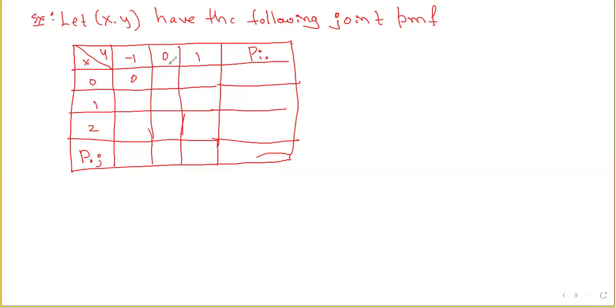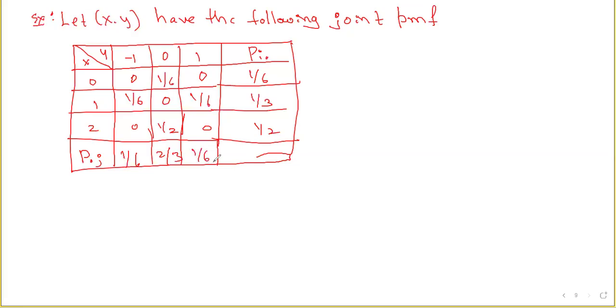So this is 0, 1 by 6, 0. Summation of this, 0 plus 1 by 6 plus 0, this is 1 by 6. 1 by 6, 0, 1 by 6. 1 by 6 plus 1 by 6, 2 by 6, that is nothing but 1 by 3. So it's 0, 1 by 2, 0. 0 plus 1 by 2 plus 0, this is 1 by 2. Next, like this summation, 0 plus 1 by 6 plus 0, 1 by 6. This is 2 by 3. And this is 1 by 6.